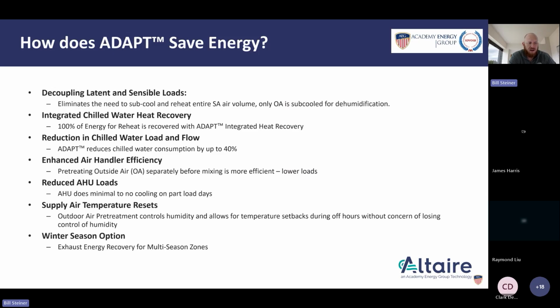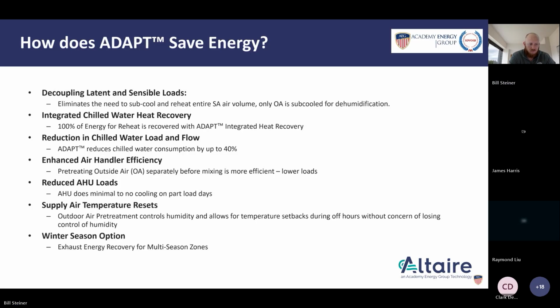So how do we save energy? Just quickly summarize this for everyone. Again, decoupling, when we treat latent and sensible loads separately, when we don't mix all of that air before we need to subcool the return air and outside air, it's obviously much more efficient, as you guys have seen today.